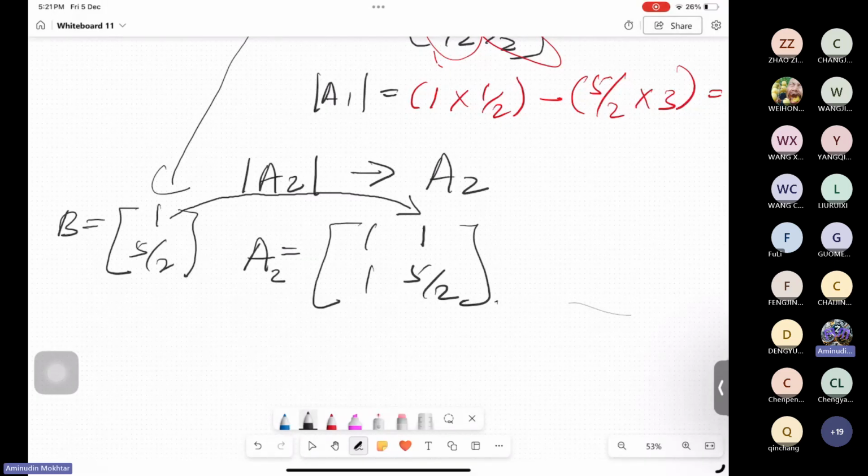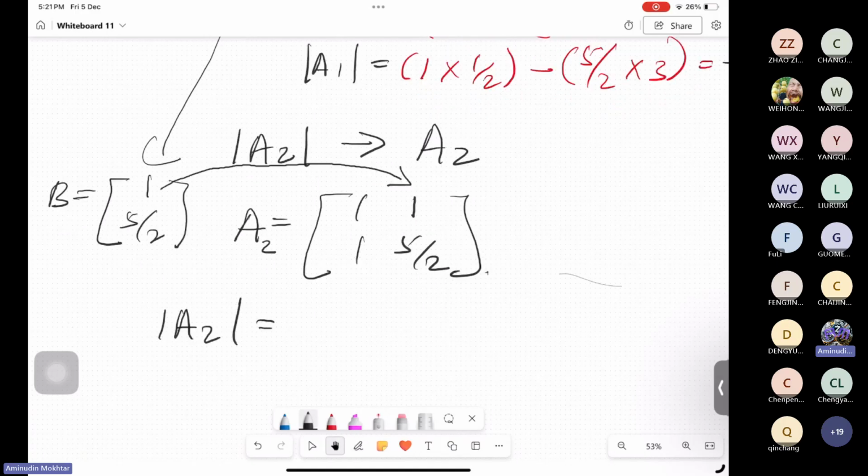That is matrix A2. Matrix A2 refers to the matrix in which the second column of A is replaced by matrix B.